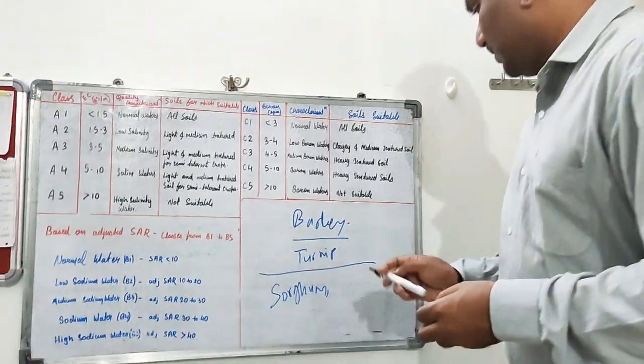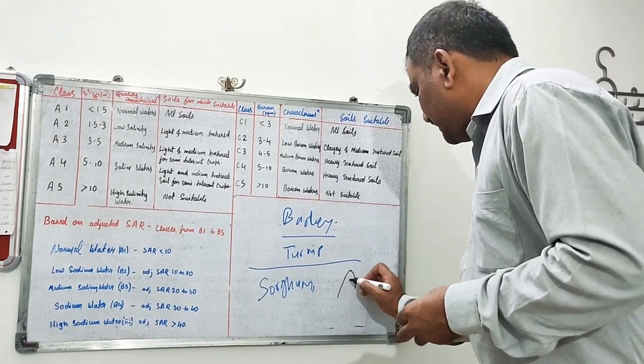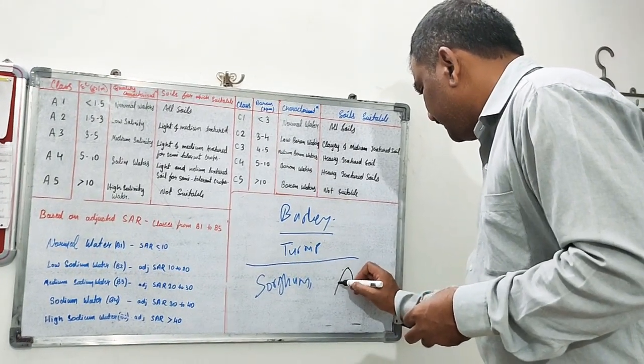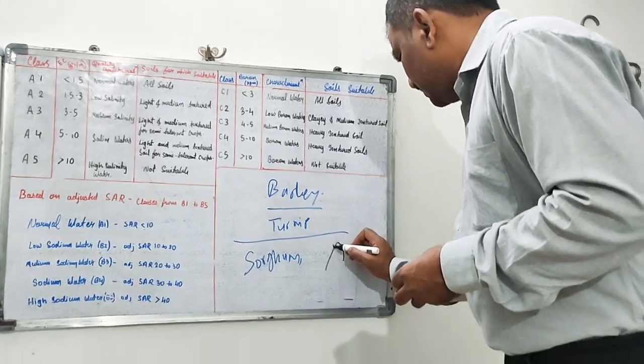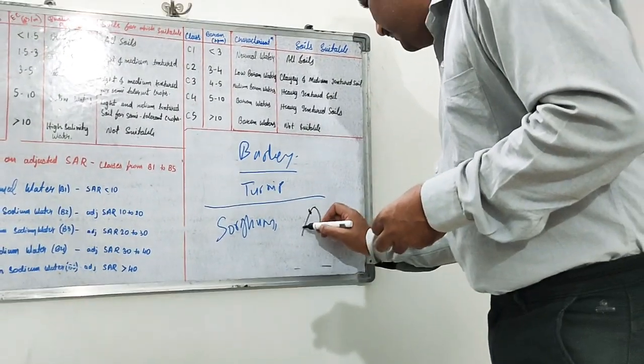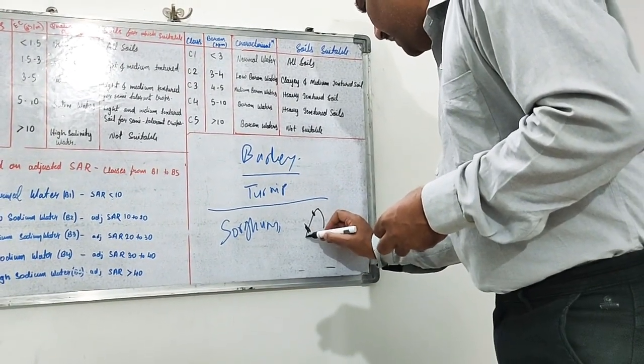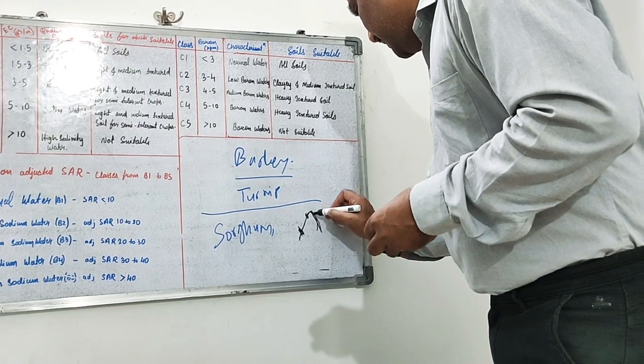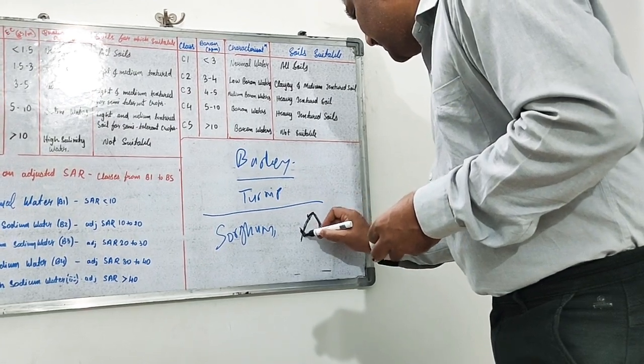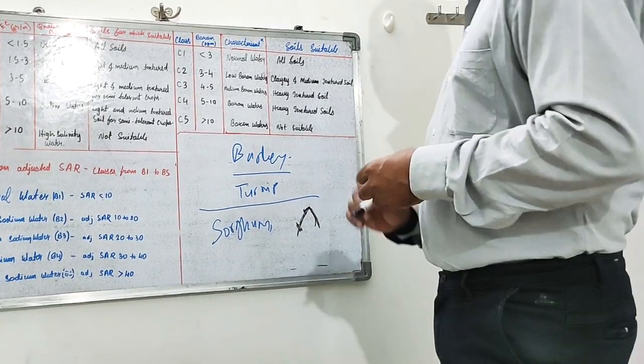Also, in case of ridges, rather than planting or sowing or dibbling at the top, we recommend the use of this technique, that is at the middle of the ridge.